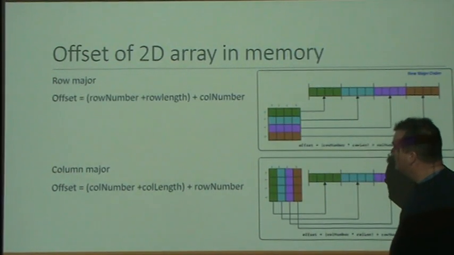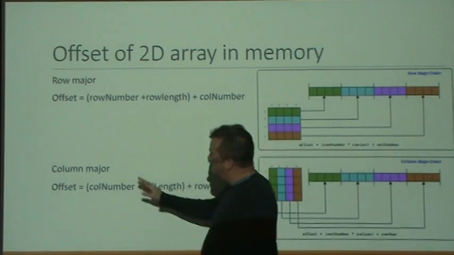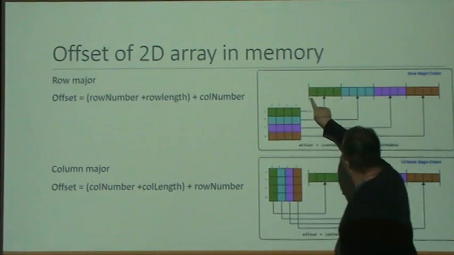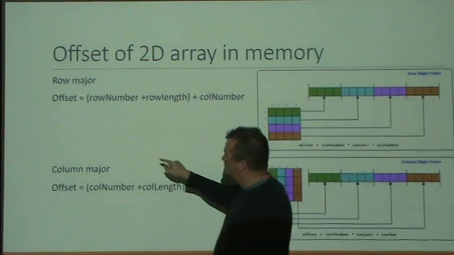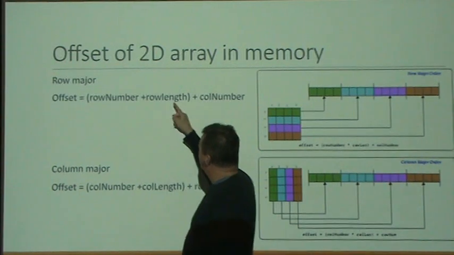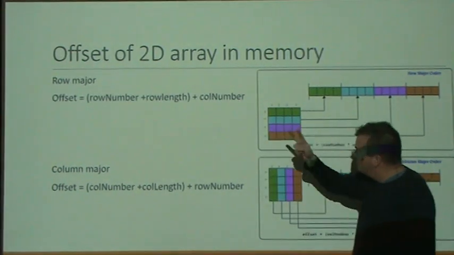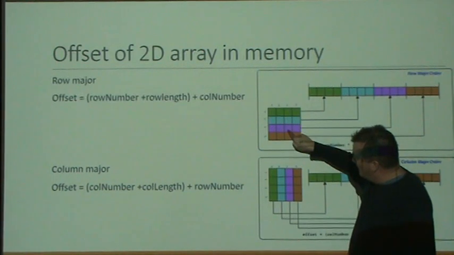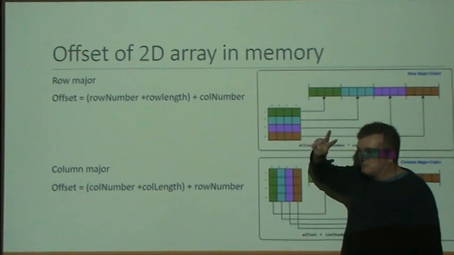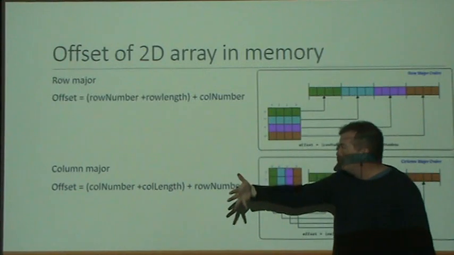So the way to calculate this, my offset, how far into this linear array the element I'm looking for is, is the row number times the size of a row. If I'm in row 2, starting at 0, that means there are 2 complete rows before me.